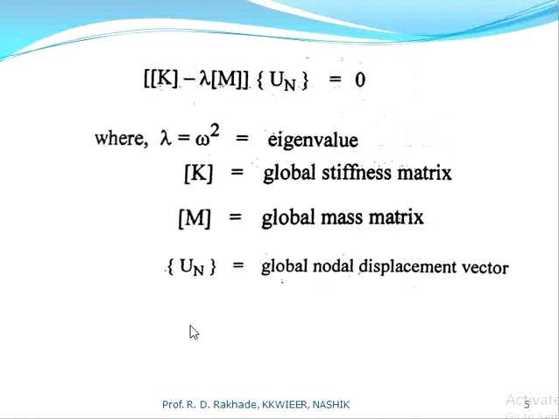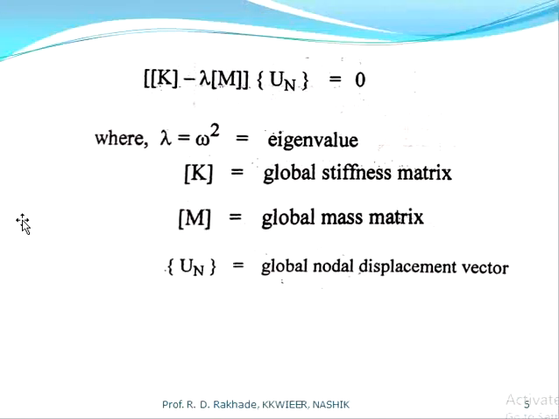So the significance of lambda or omega square, the eigenvalue, is to measure the natural frequency of the system, and the eigenvector U_N, that is the global displacement vector, is used to determine displacement at a node.